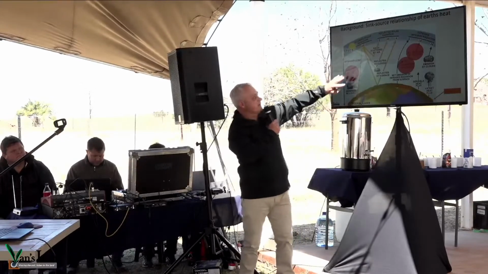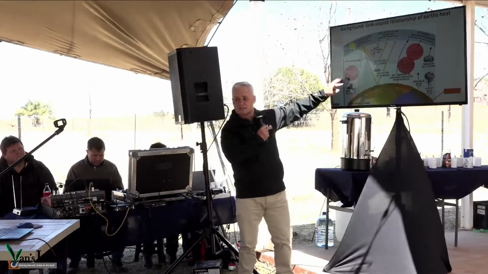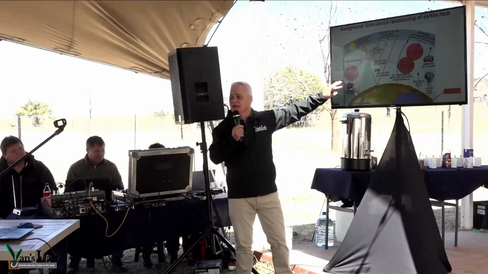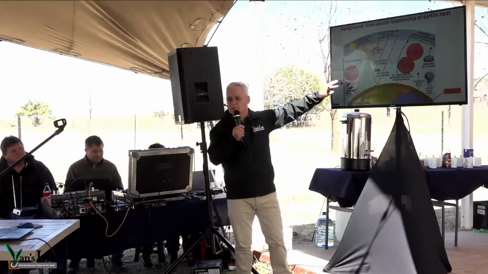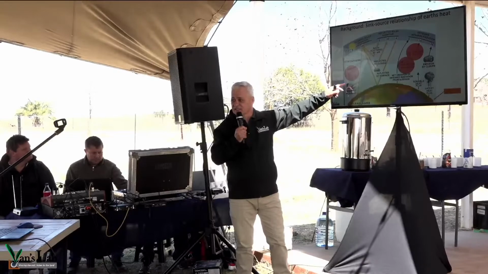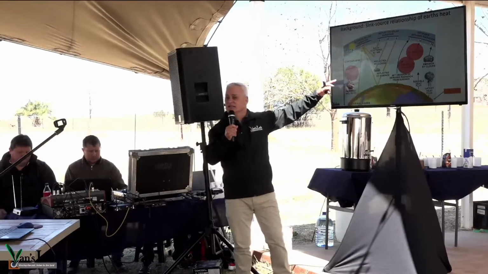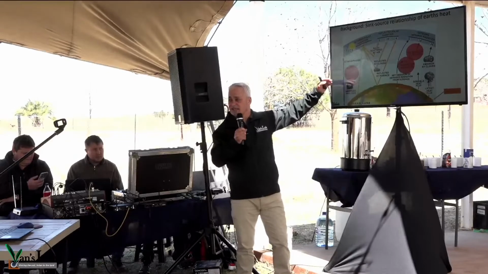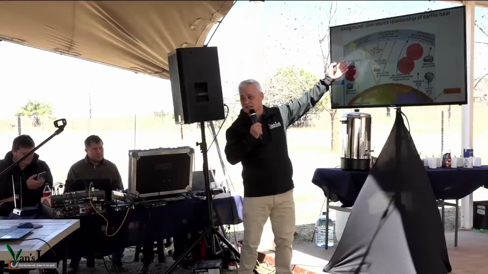So in this space here, in the atmosphere, there's matter. And we know the properties of matter. A body of matter can absorb energy. If the temperature is above minus 273 degrees, it can also emit energy.